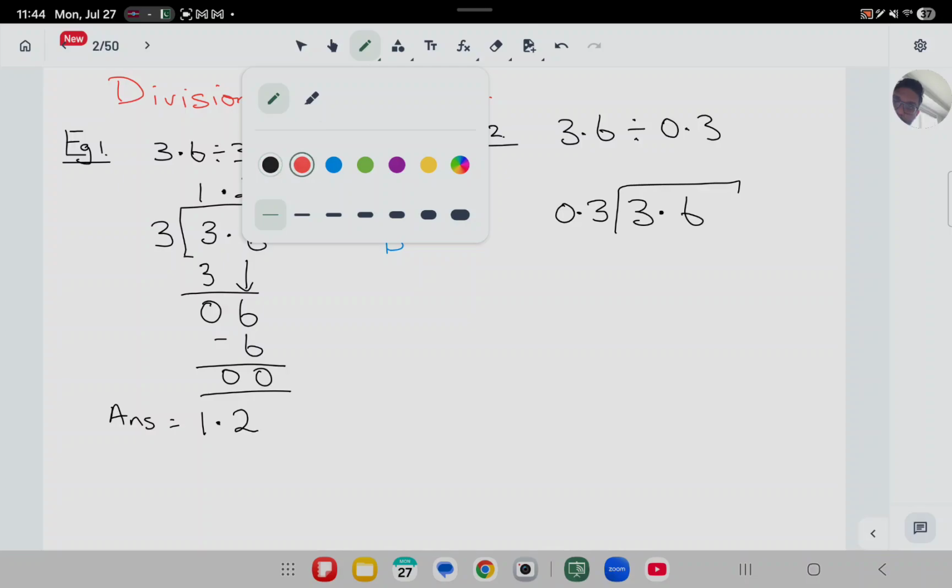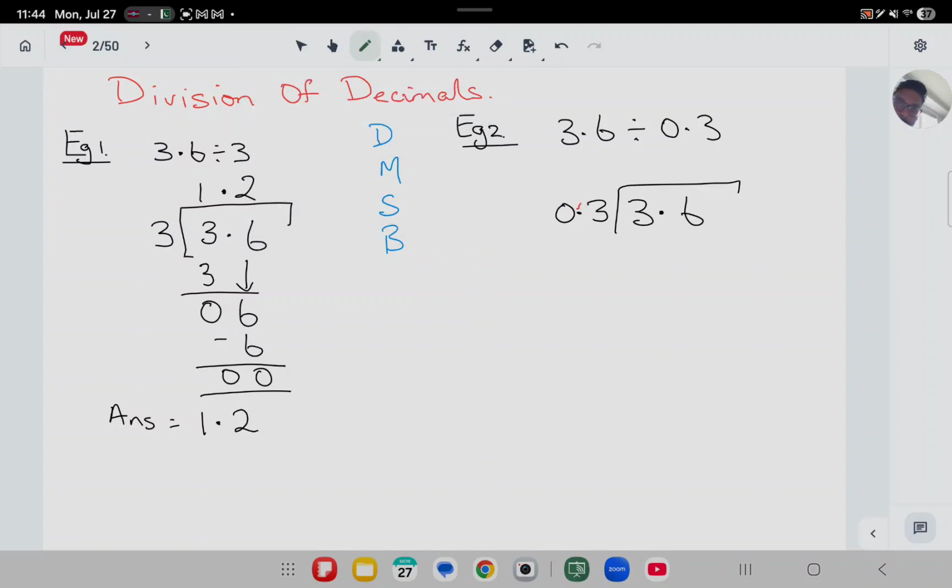In this case, we need to move the decimal point one time to the right to make it a whole number. And we move the decimal point in the dividend the same number of times as we did in the divisor. We moved it one time in the divisor, so we move it one time in the dividend.